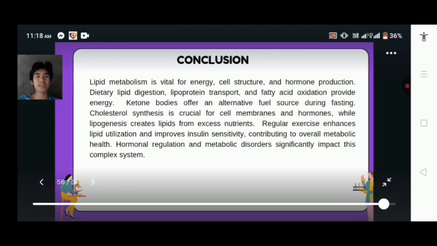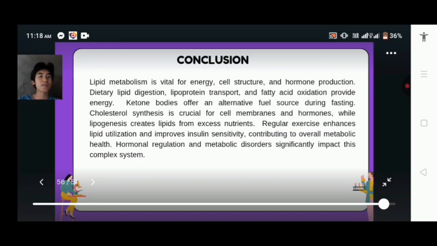In conclusion, lipid metabolism is vital for energy, cell structure, and hormonal production. Dietary lipid digestion, lipoprotein transport, and fatty acid oxidation provide energy. Ketone bodies offer an alternative fuel source during fasting.